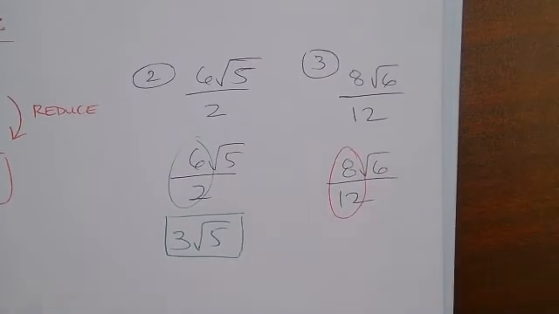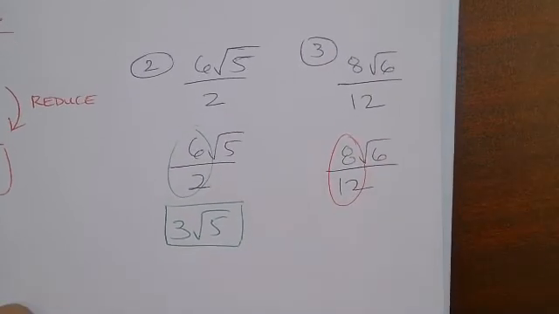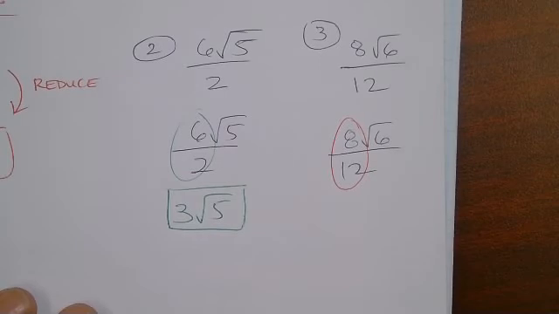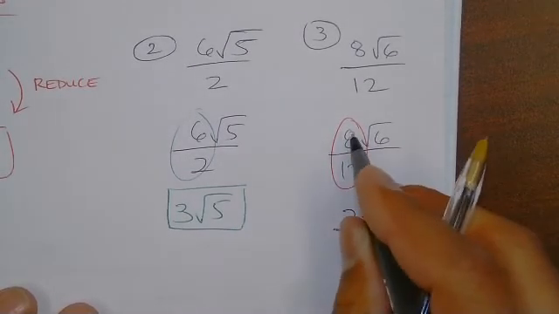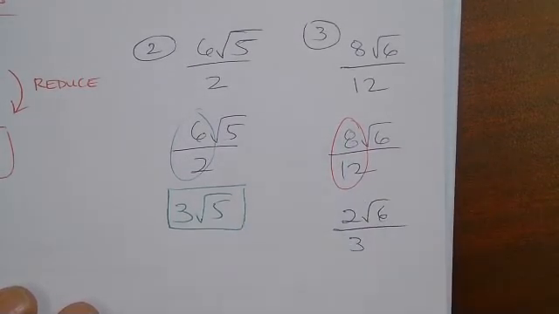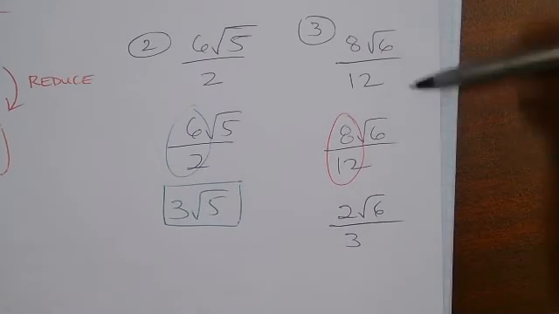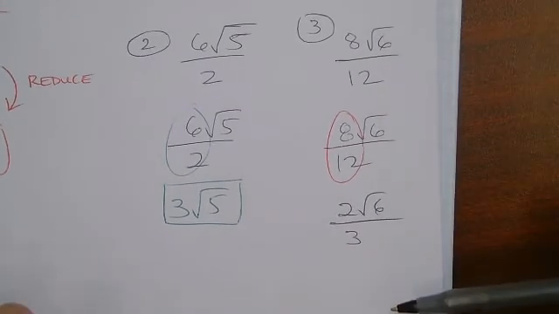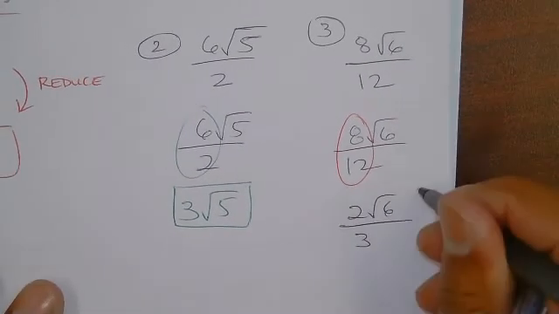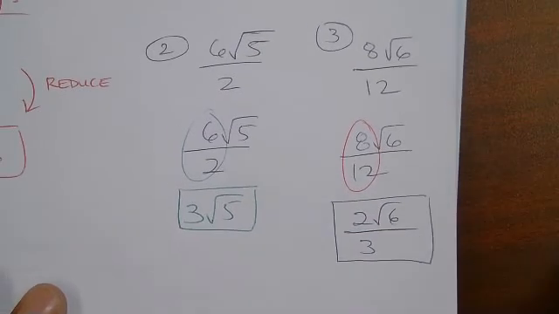Yes, by 2, yeah, but also by 4. By 4 will be 2 root 6. 4 goes into 8 twice, and 4 goes into 12 three times. So you'll get this, and then when you go check the answer, it looks like this, and you're going to be like, why? What did I do? Why is it different? Well, you didn't reduce.